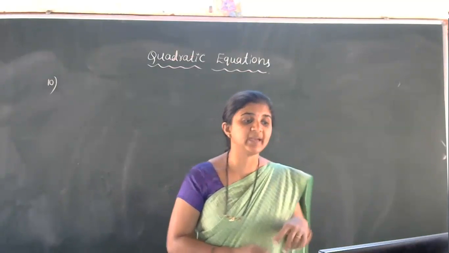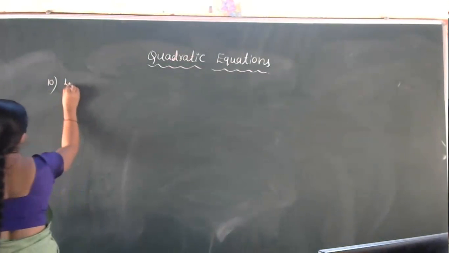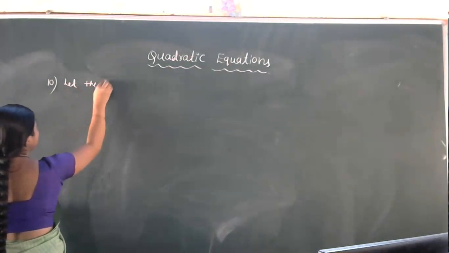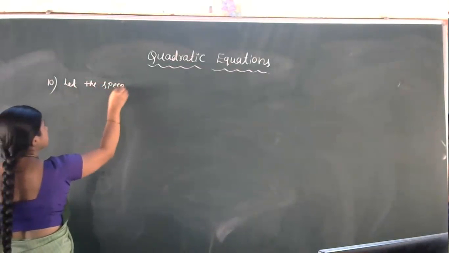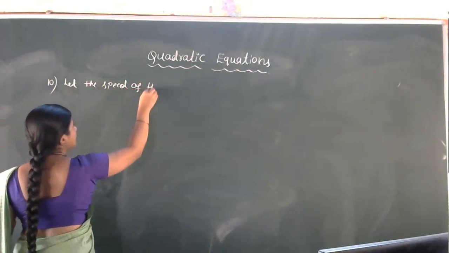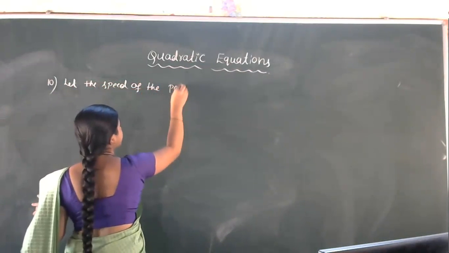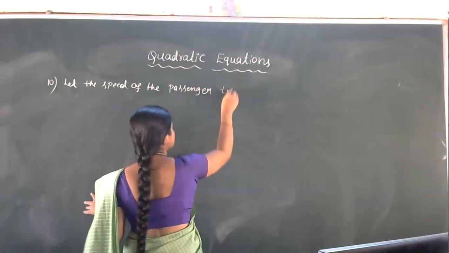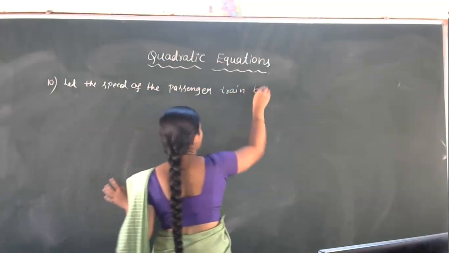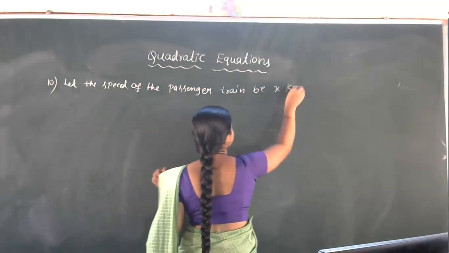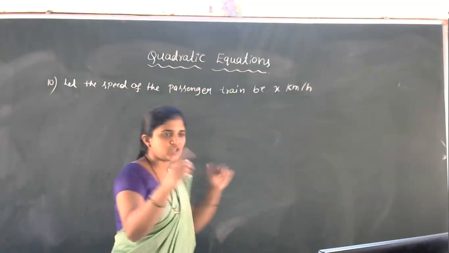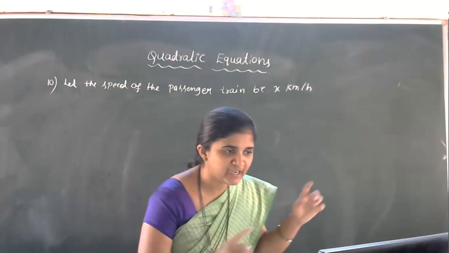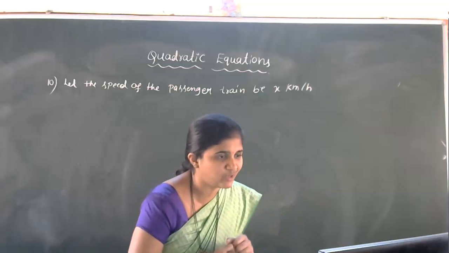Let the speed of the passenger train be X kilometer per hour. First step, thank you so much.